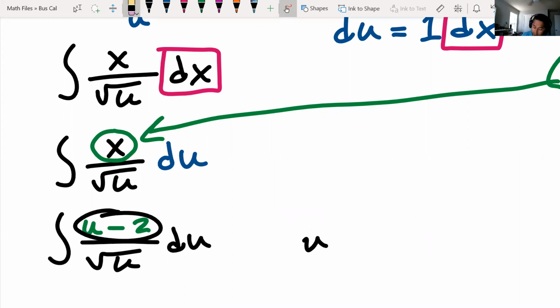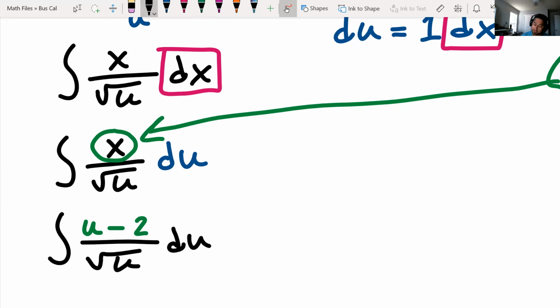The only way to separate them, because we're going to have to, is by, again, algebraic manipulation. So we can't take the 2 out, but we learned last class that I can split this integral into 2 separate fractions.